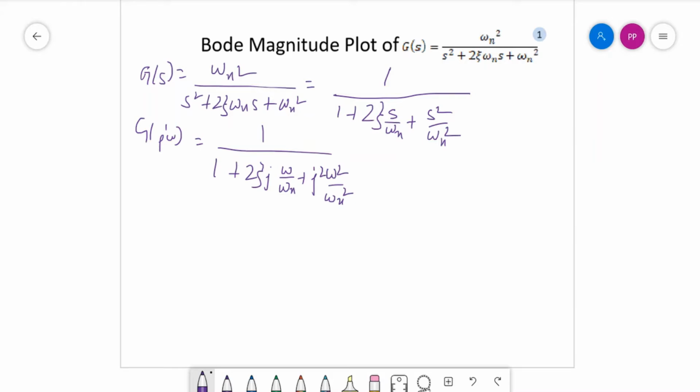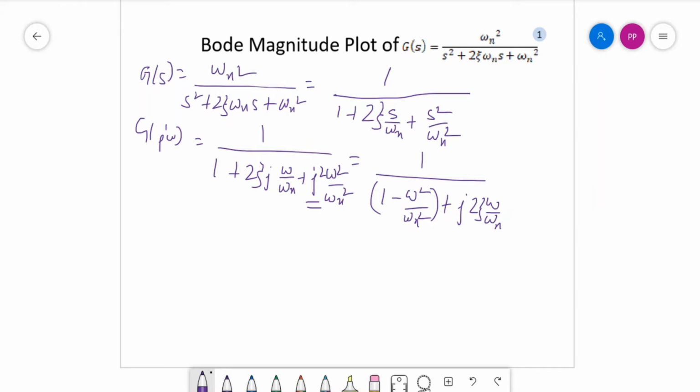Because j square is equal to minus 1, we can write it again in the form of 1 divided by, taking the real terms together, 1 minus omega square by omega n square plus j into 2 eta omega by omega n.